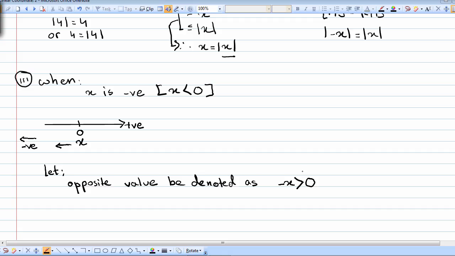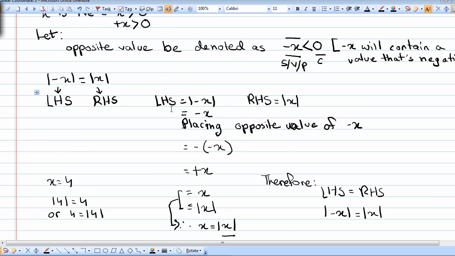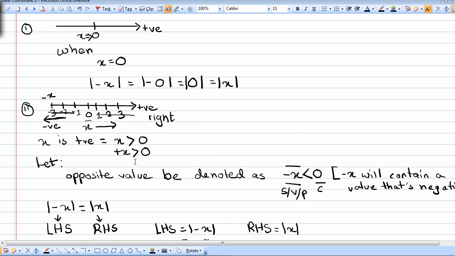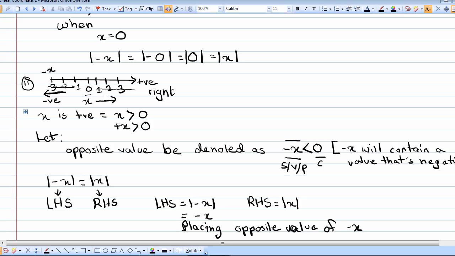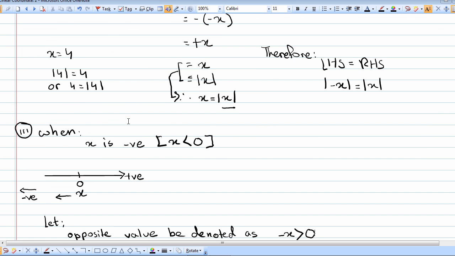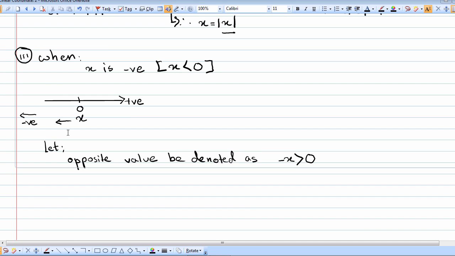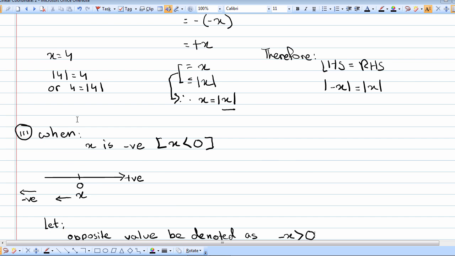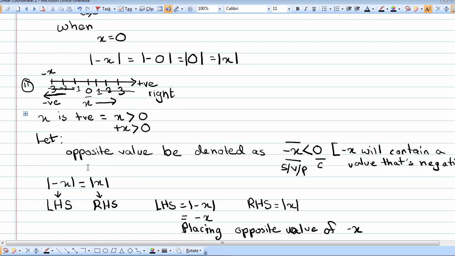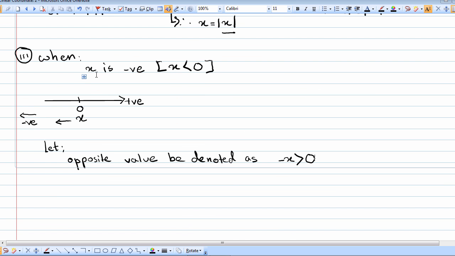Previously we have considered something like this: minus x is less than 0. Similarly in here, previously it was when x is positive, but right now this is when x is negative.